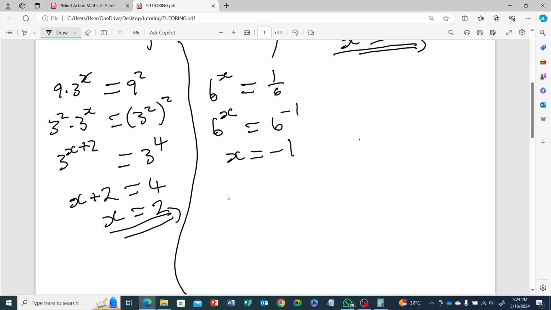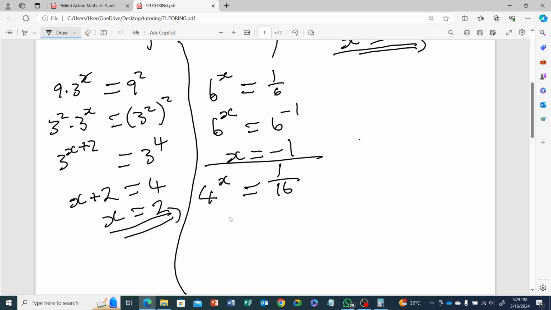Now let's see if you have mastered that technique. We have 4 raised to the x, which is equal to 1 over 16. So can you see the similarity?